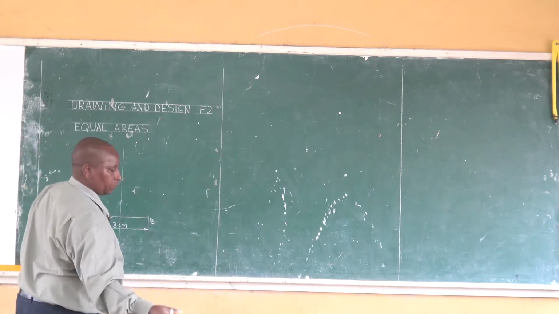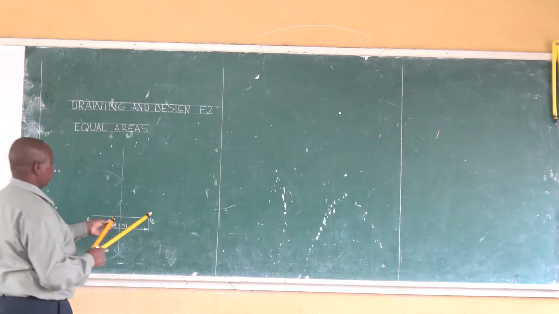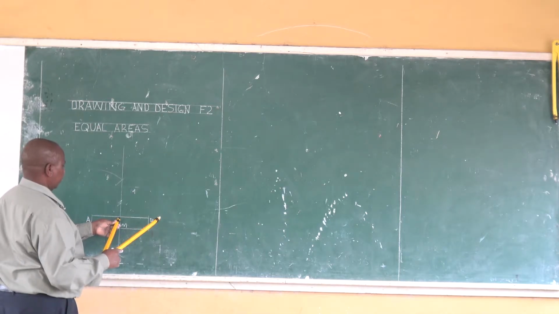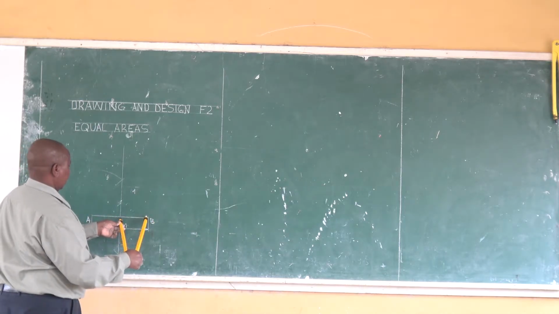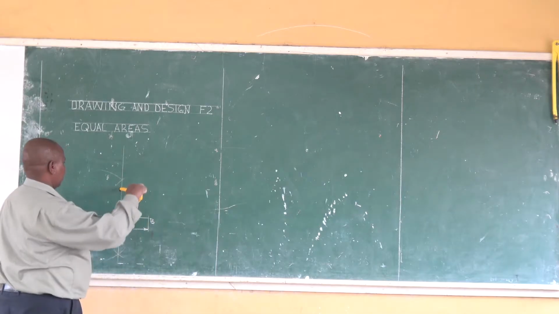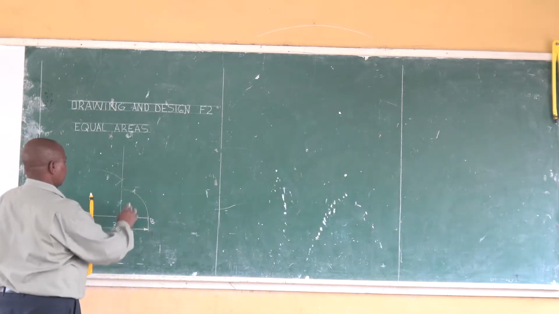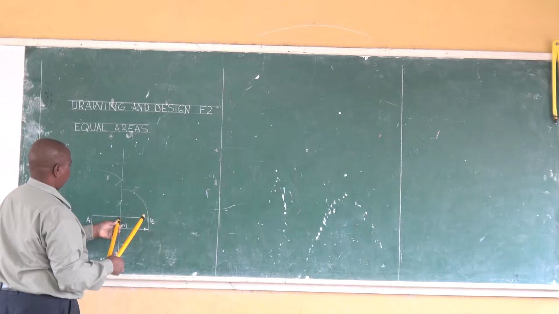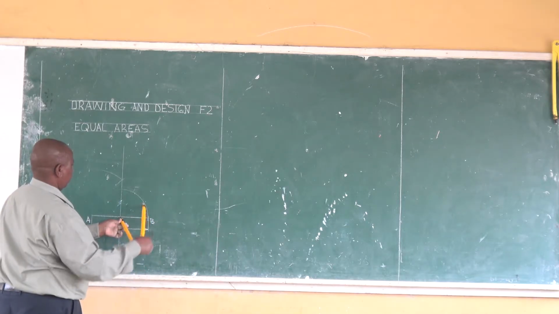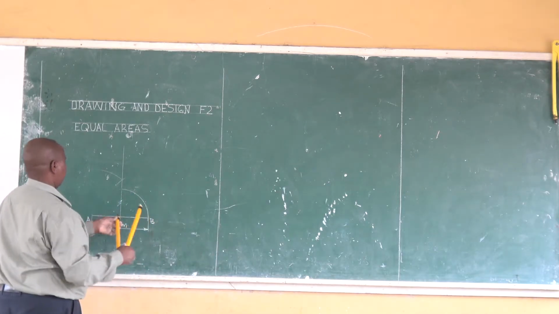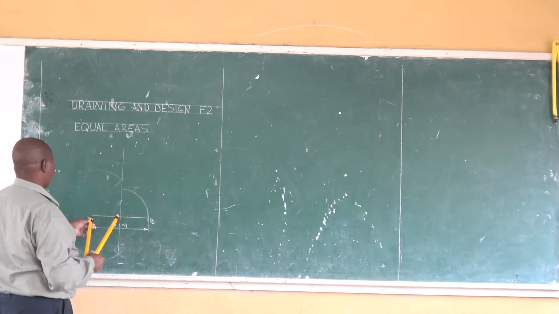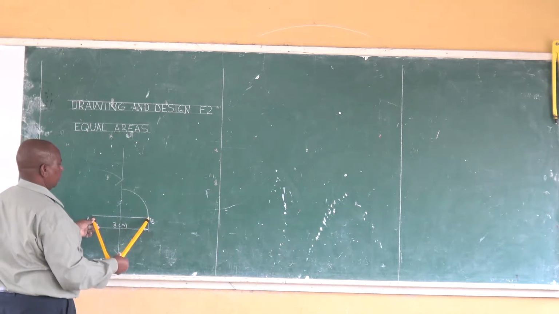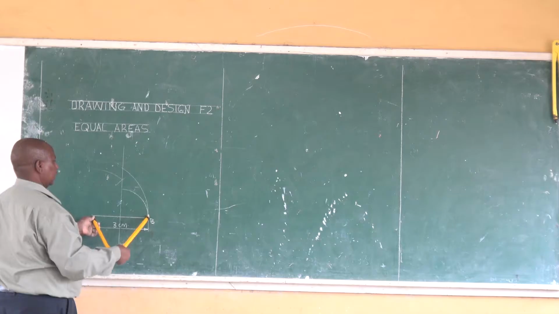so draw angles of 45 degrees and angles of 60 from the center point of the line AB. Taking that radius, we can get an angle of 45 degrees. And if you take the entire length of AB, we can get an angle of 60 degrees.